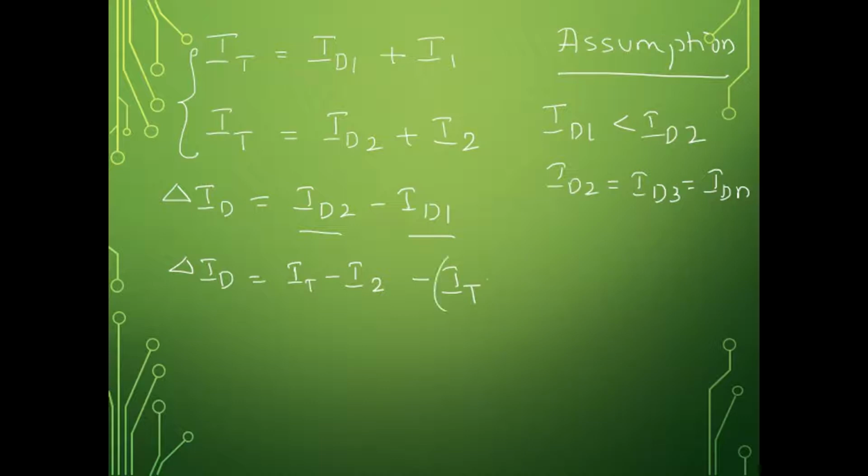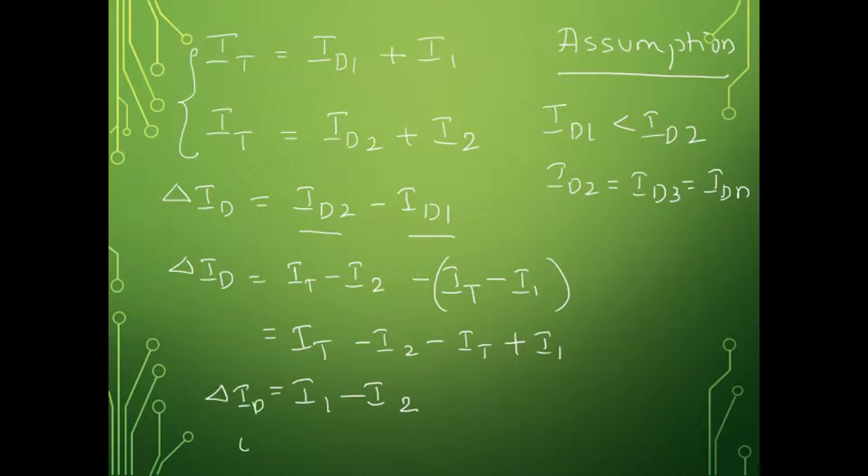So what we get is IT minus I2 minus IT plus I1. On simplification, we get I1 minus I2 is delta ID, or we can write I2 is equal to I1 minus delta ID.